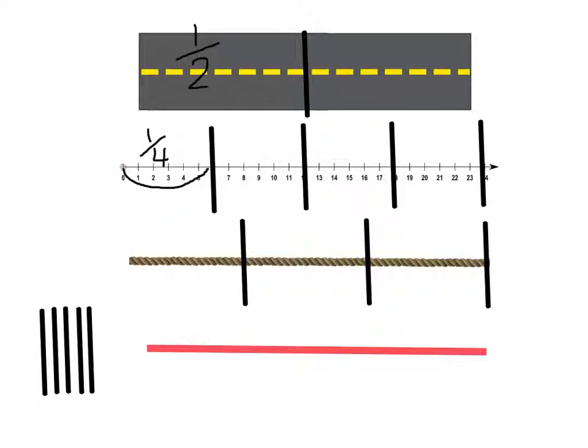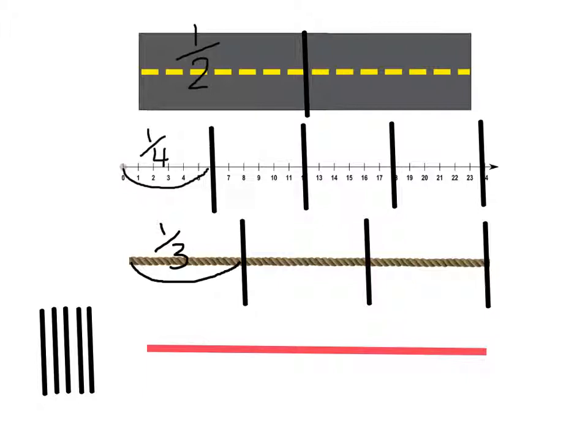So I have represented thirds on the length of this rope, and this distance here from the beginning of the rope to this first marker is considered to be 1/3, one of 3 equal parts.